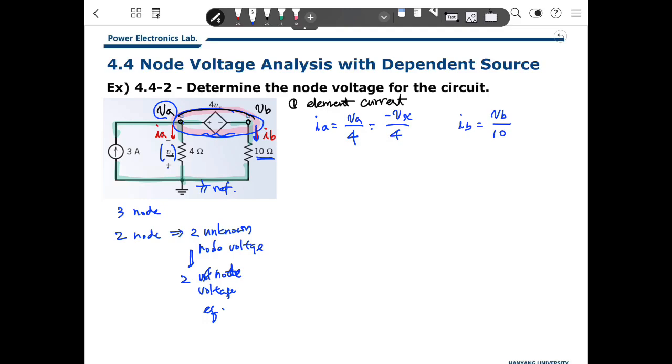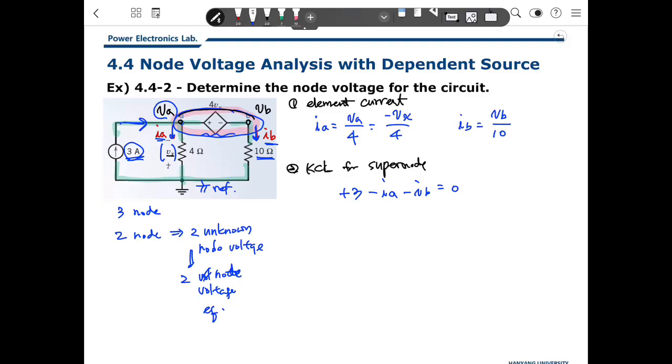Then what should we do? Second is the supernode. The current in this branch going up to node A is 3 amperes, so plus 3, and IA is going out of the node, so minus IA, and this way is also going out of the node, so minus IB will be 0.